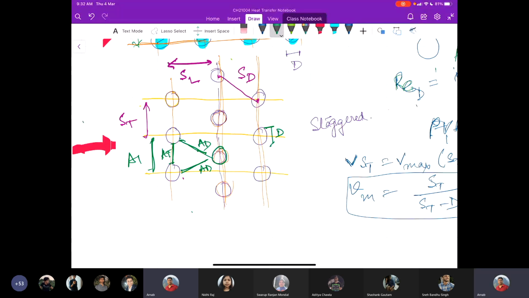The fluid is approaching with a velocity V and a certain temperature.